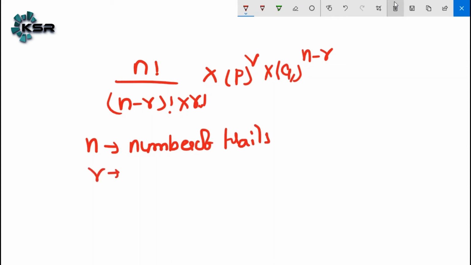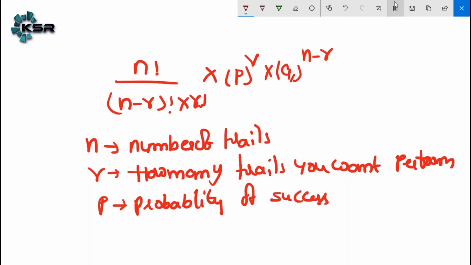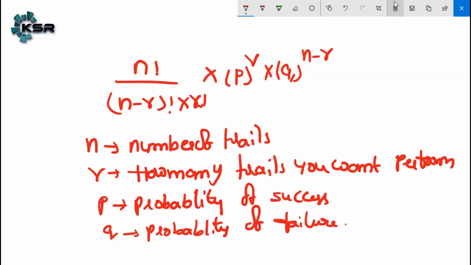R is how many trials you want to perform. Q is the probability of failure. P is the probability of success.